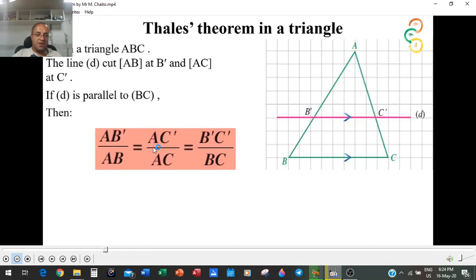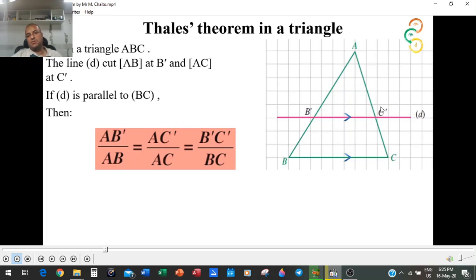Also, this Thales theorem, we may permute it. We may say AB over AB prime equal AC over AC prime equal BC over B prime C prime. We may permute all the ratios. Okay, we may have also other derivatives. We may say AB over B prime equal to AC over C prime.